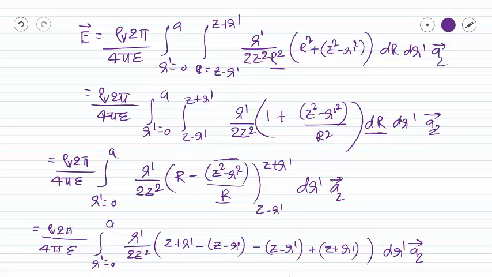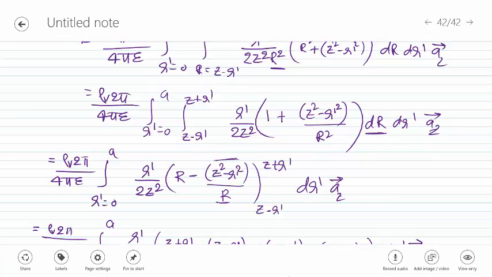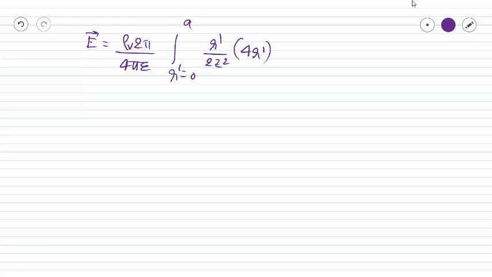Now you can see z minus z, similarly here minus z plus z, here r' minus of minus r', 2r', here it is plus r', this is plus r', so 4r' I am getting. Okay, so finally E1 is equal to rho v 2 pi by 4 pi epsilon, r' equal to 0 to a, r' by 2z square into 4r' dr' is z bar.